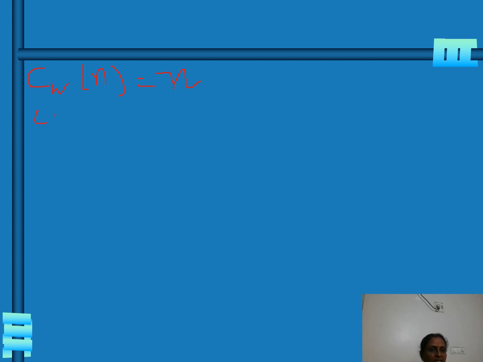Next we discuss C best of n. The best case efficiency for input size n is when the search key is present in the first position of the array, so you make only one comparison and the best case efficiency is 1.